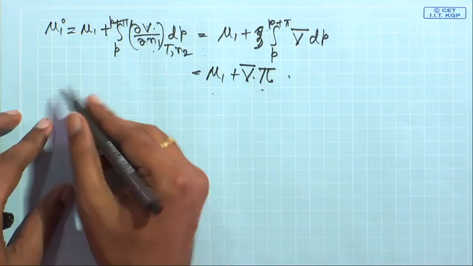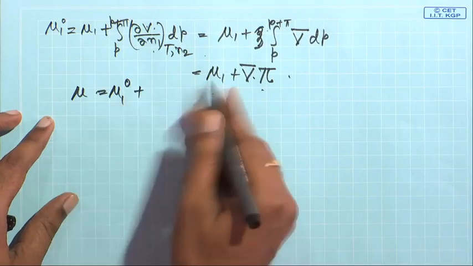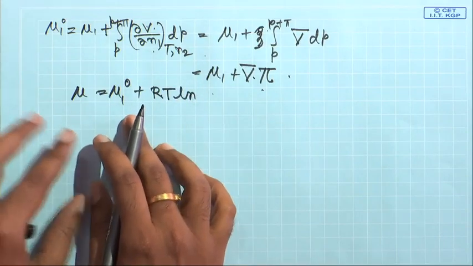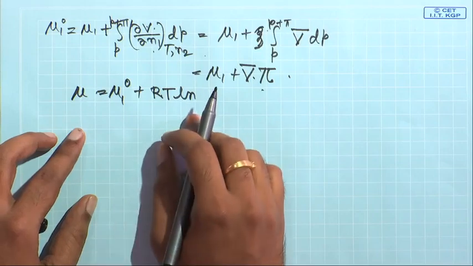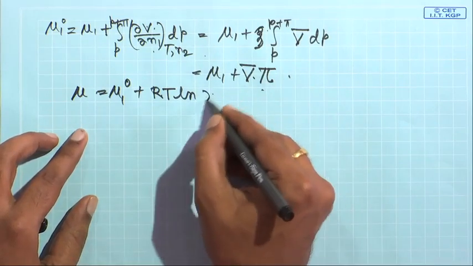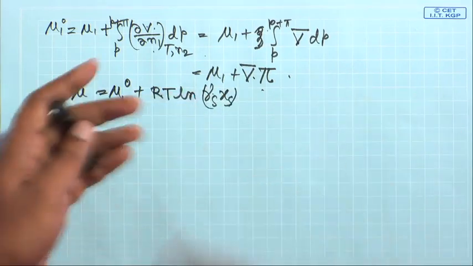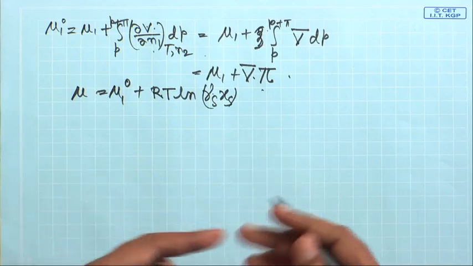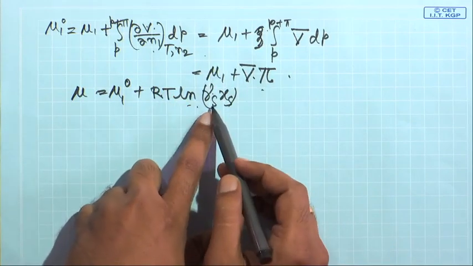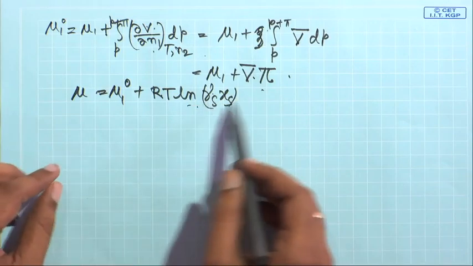So you know this relation: mu equals mu 1 0 plus RT ln x. RT ln x is nothing but RT ln of activity, where activity equals gamma s into x s, and x is the mole fraction, which I have talked about before.